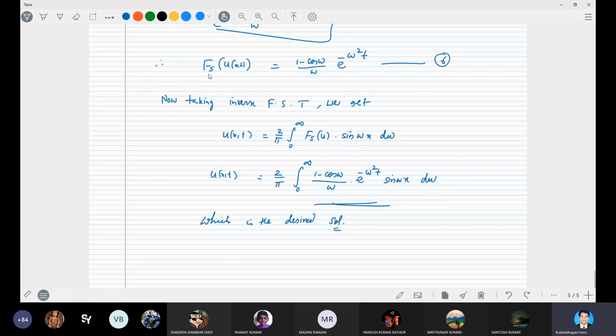Fourier sine transform of u is equal to this much, in terms of ω. Then take the inverse Fourier transform, and it will give you the solution. Here in the inverse Fourier transform, it is optional whether the integral is to be evaluated or left there.